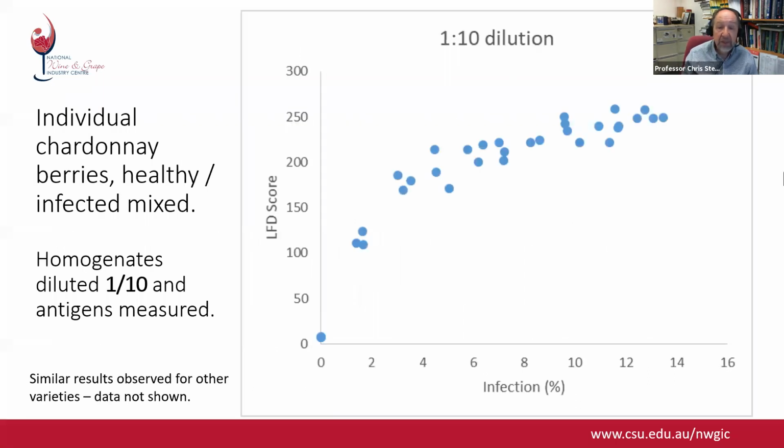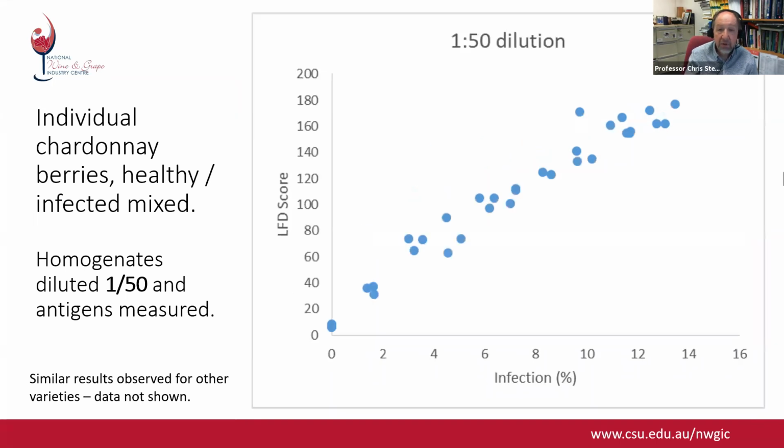So this is this 1 in 10 dilution. And you can see down at that lower level, it's a curved relationship. You get this curve, goes up steeply, then plateaus out. And that was the issue with the older kits that were sold here in Australia, that there wasn't that linear relationship, and that was some of the reservations that people had about using them.